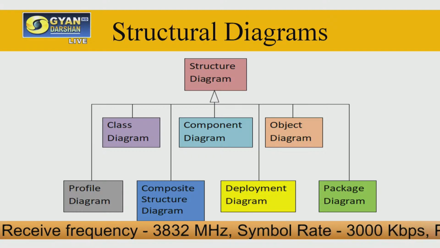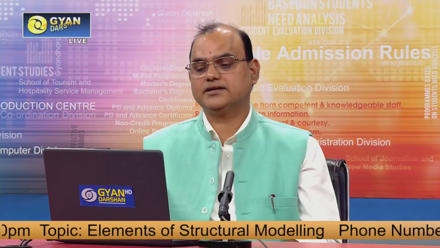Whenever we say object-oriented system, we start thinking in terms of objects, the properties of those objects which are going to participate in the system, and the interrelationship between those objects. For representation of this conceptual design of the system, we use two basic diagrams, the class diagram and the object diagram.